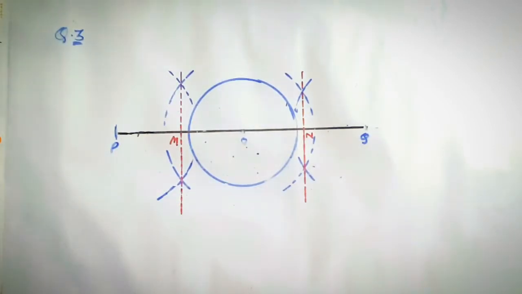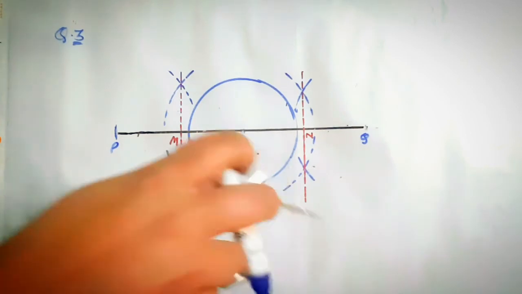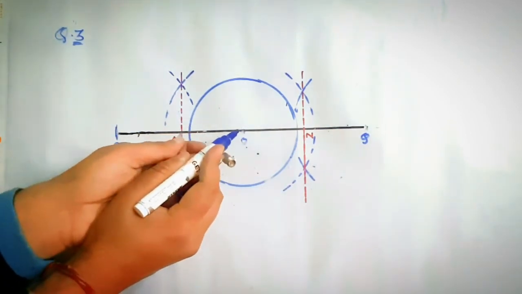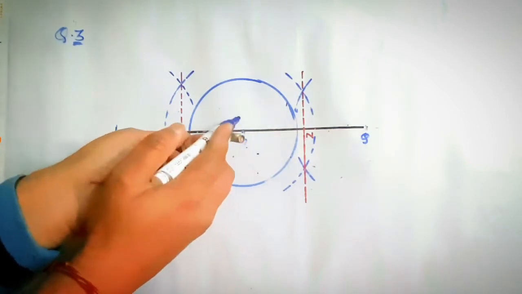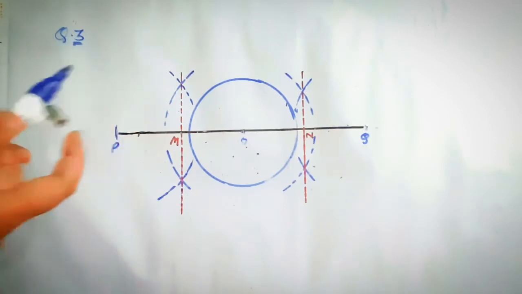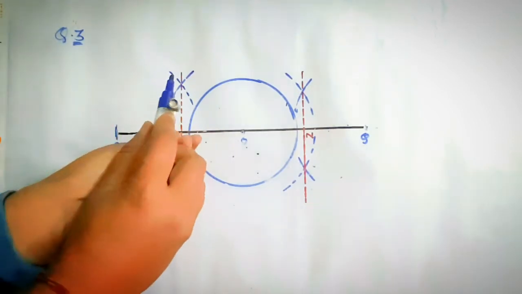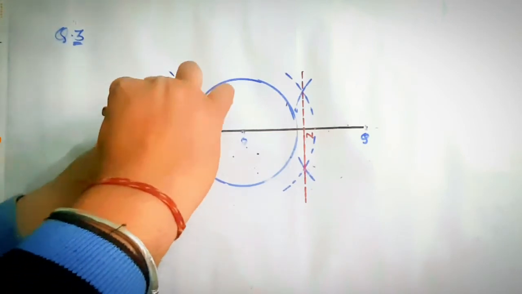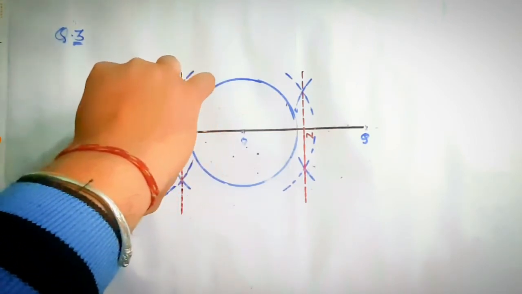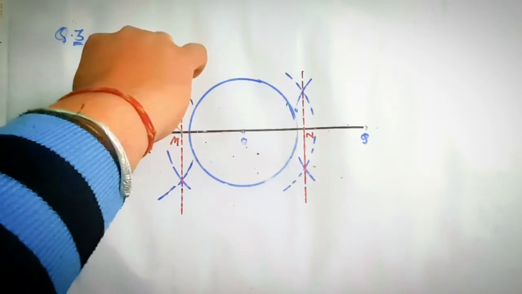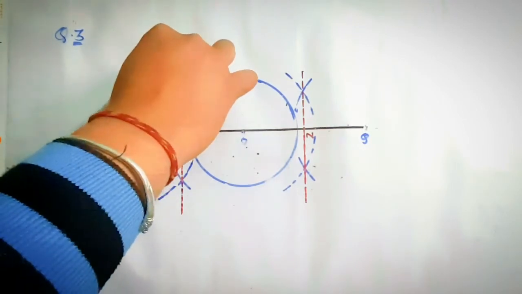So what is the next step? To find a point of contact, open your compass either equals to MO or equals to MP and draw a circle. This circle we are drawing to find the point of contact only, so this will be dotted.